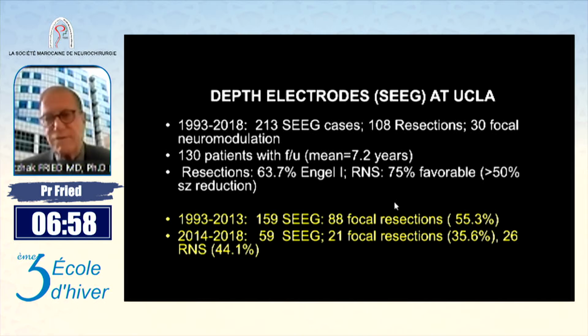Now, from 2014, when RNS got in, we could start offering people resection or RNS in cases that we had more than one focus, and I'll talk about it when we move on, okay? But actually we have done since then less resection. So I'm a little worried because the residents are losing their touch of open anatomy, and I think craniotomy obviously is a very important tool, but we have to really use what we can use for these patients, okay?